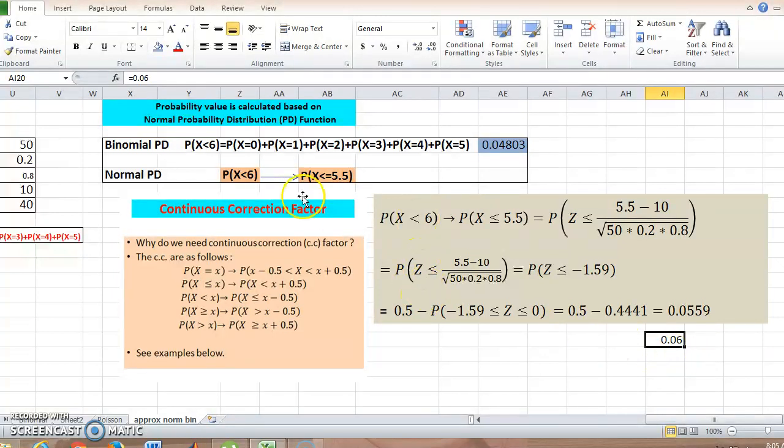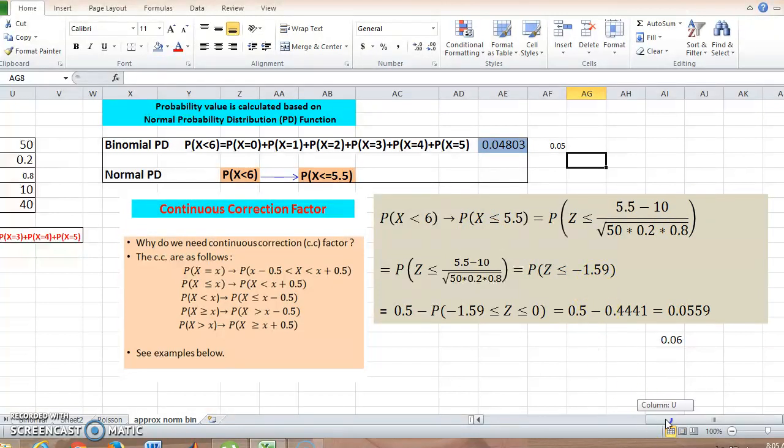And if you calculate the same probability of interest using binomial probability distribution function, you will get around 0.05 or 5%. So this is an example of binomial random variable that can be approximated to normal random variable, and you solve it using normal probability distribution function.